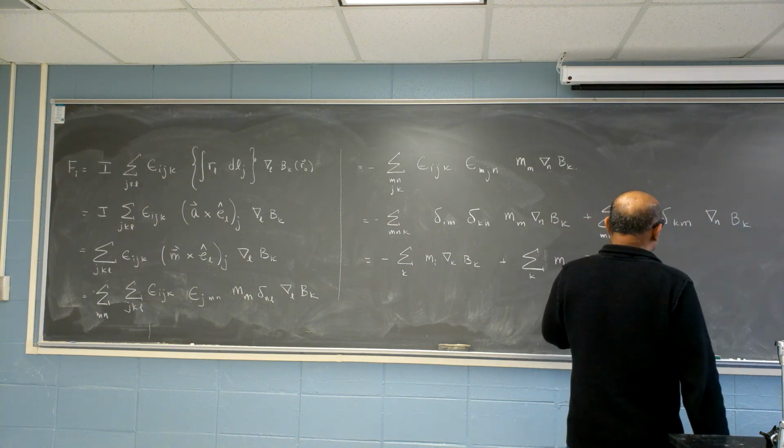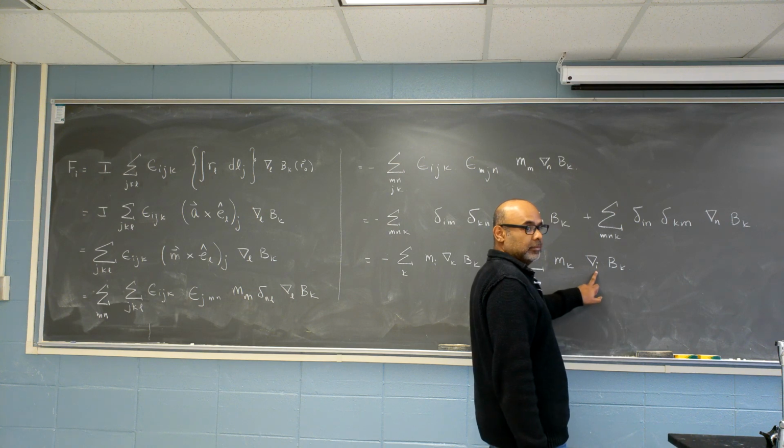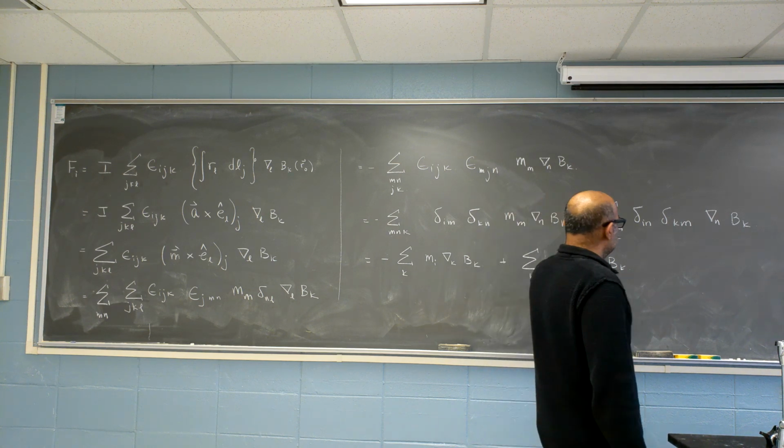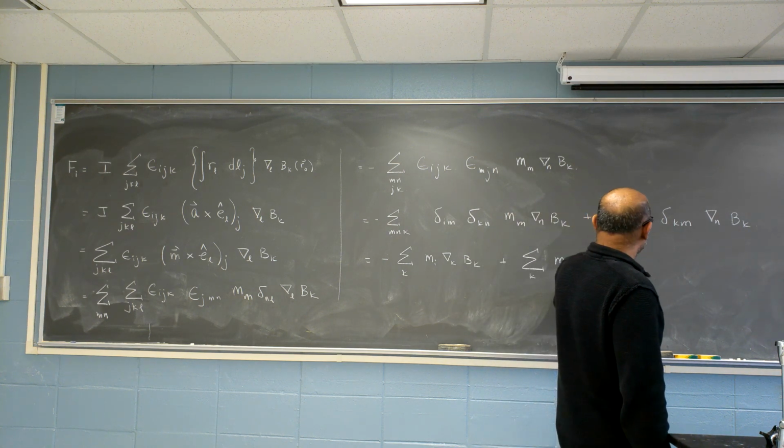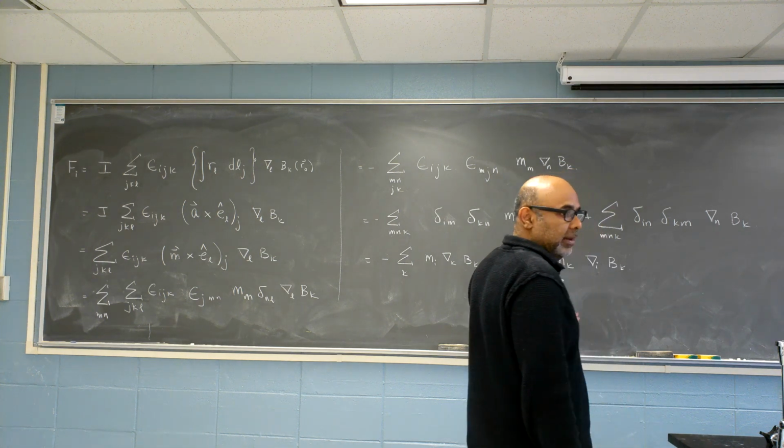Let's see. N became I. We're missing an N. I'm sorry? We're missing an N in our. And M is just gone, and it picks out the value K. But in that one, we just don't have one, right? There's no M in there.